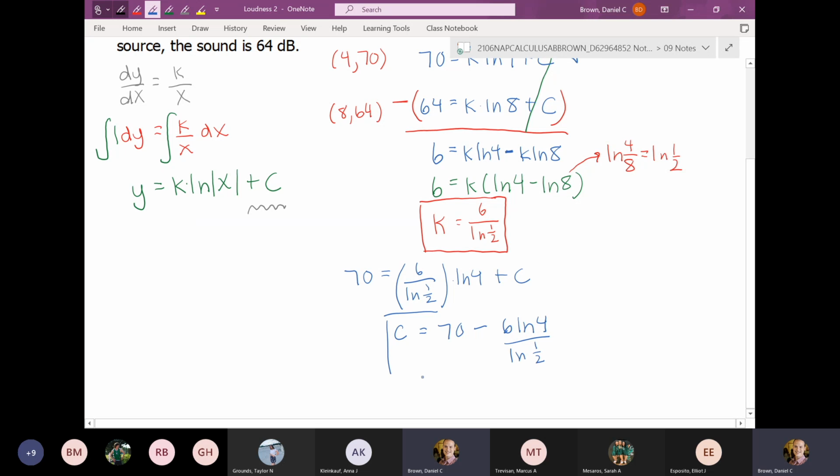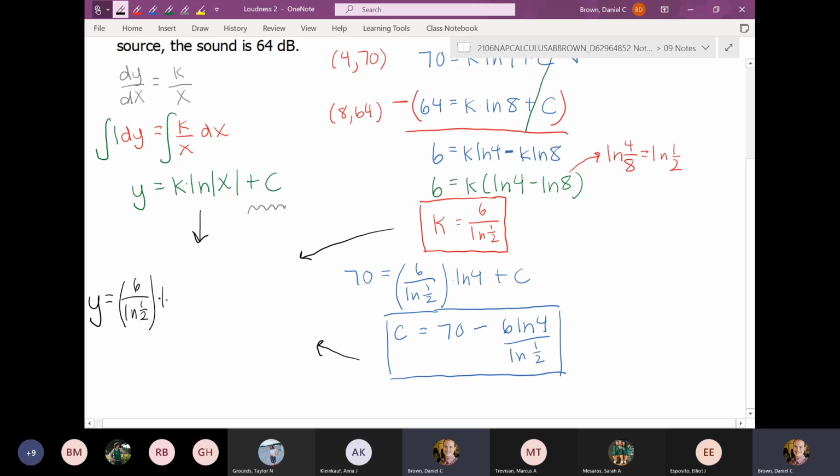So then finishing out this problem, even though it doesn't look done, we are technically done. I can use the general solution, the k I found, and the c I found to write the particular solution. So I have y is equal to k times the natural log of x plus c.